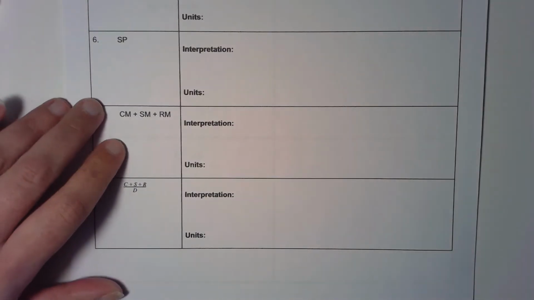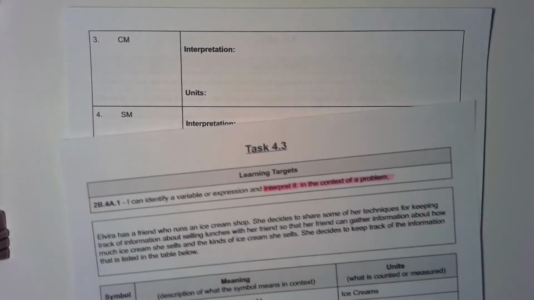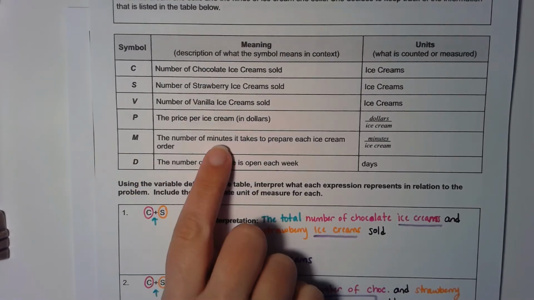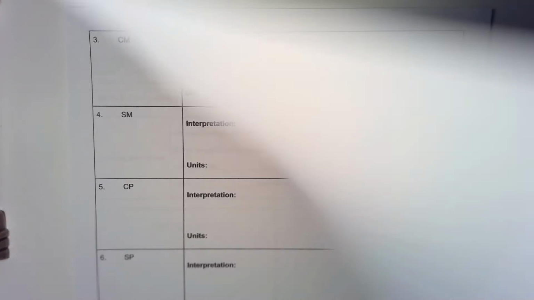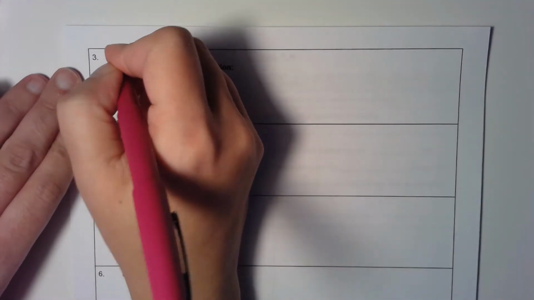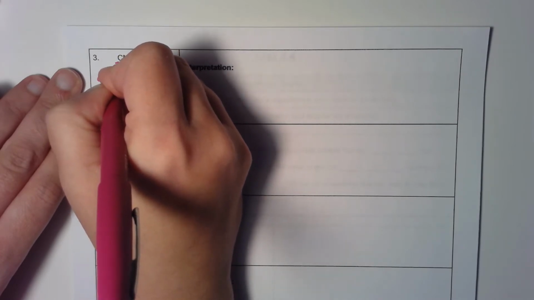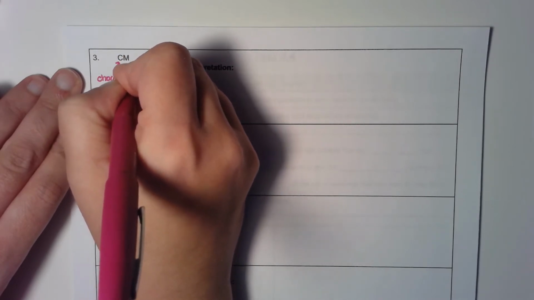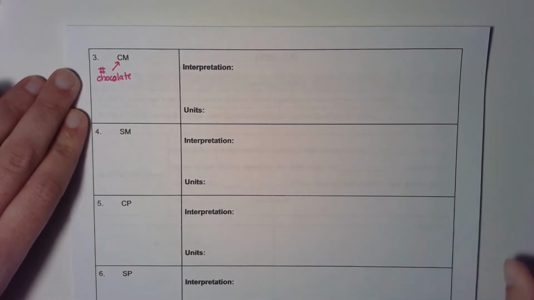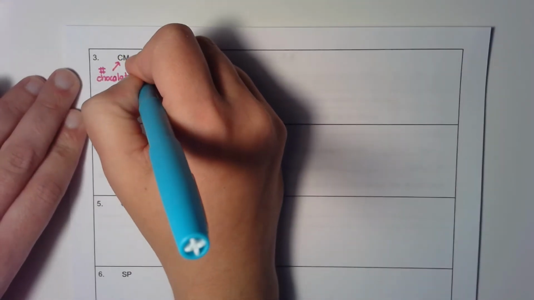Okay, next, C times M. Well, if we go back to our table, C is the number of chocolate ice creams and M is the number of minutes it takes to make each ice cream. So C would be the number of chocolate ice creams. M is the number of minutes per ice cream.